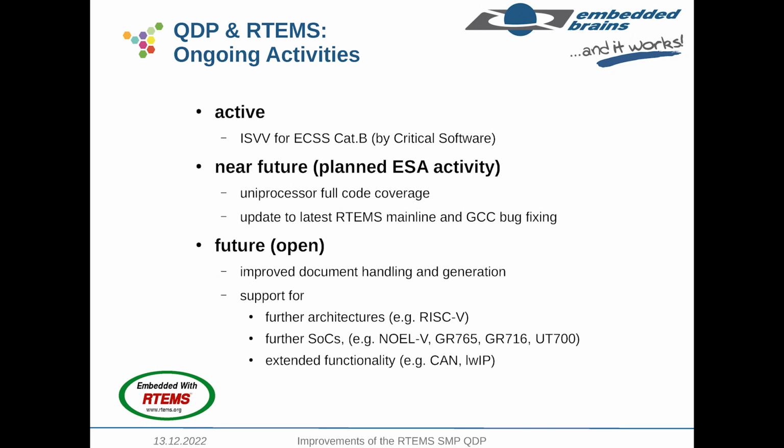And there are some topics which are open, like improving the document generation and handling, and support for other architectures like RISC-V, for other SOCs like NOL5, GR765, GR716, UT700, and so on. And also to extend the covered functionality of the pre-qualification. For example, for communication interfaces.